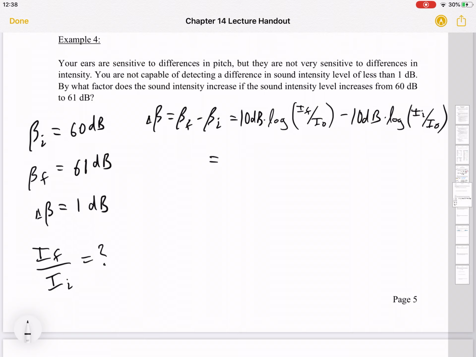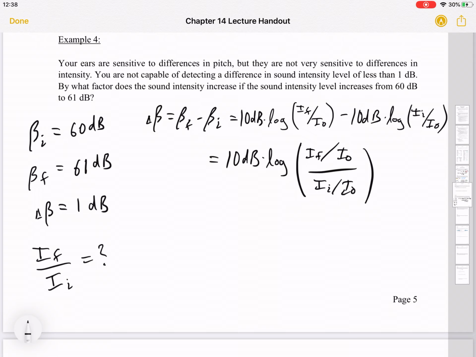So I'm factoring out the 10 decibels. So 10 decibels factors over here, and it's log of the ratio I final over I naught divided by I initial over I naught. Okay? So that the I naughts go away here. So that gets me this, that delta beta equals 10 decibels times the log of I final over I initial.